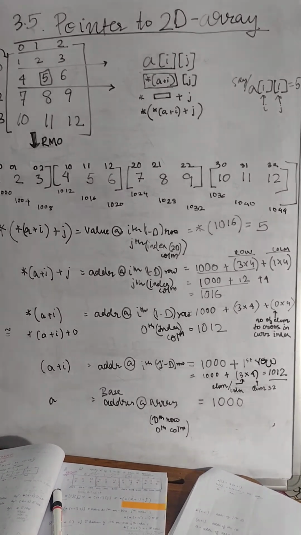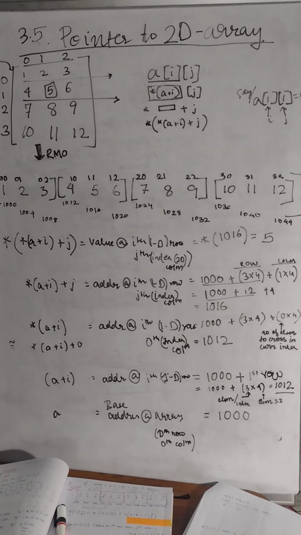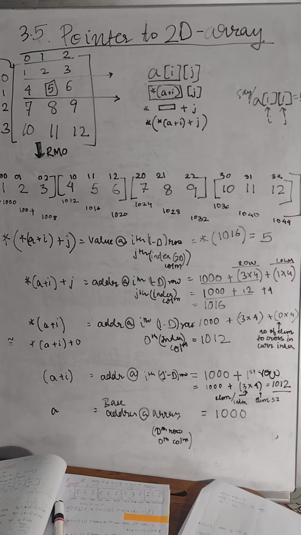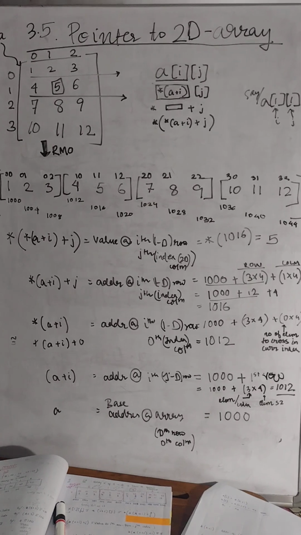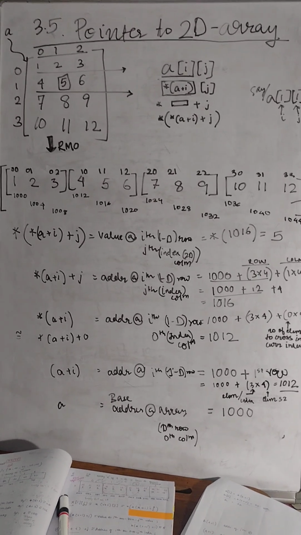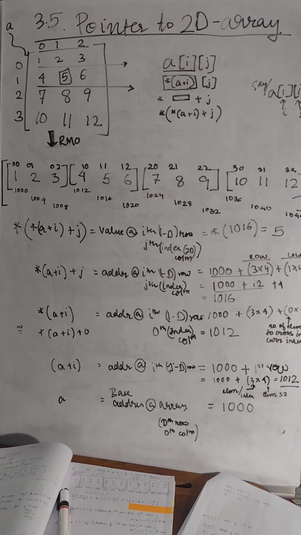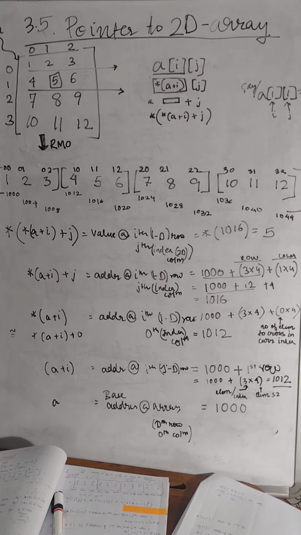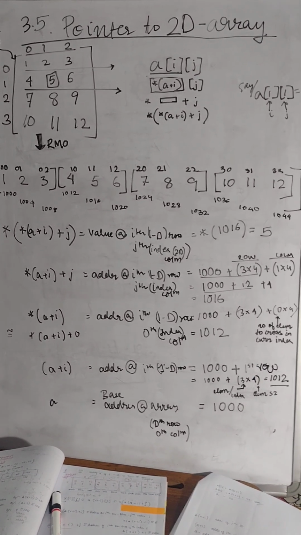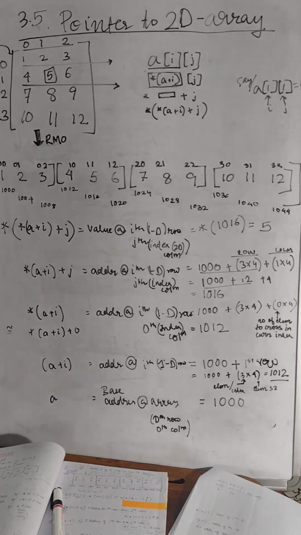So we can also say that now we are just at the beginning. We can just imagine that we have still not entered 1012. To enter that 1012, we will give one dereference pointer here, and here we are getting the address of the first row and 0th column.